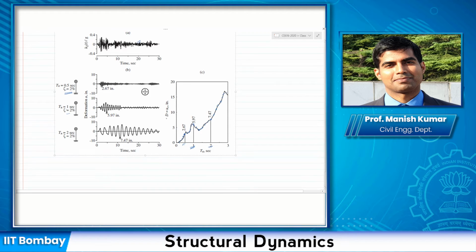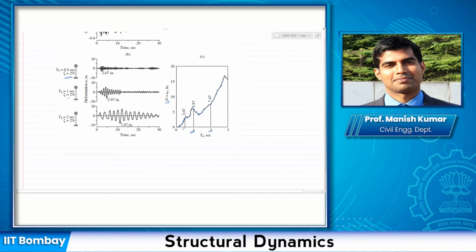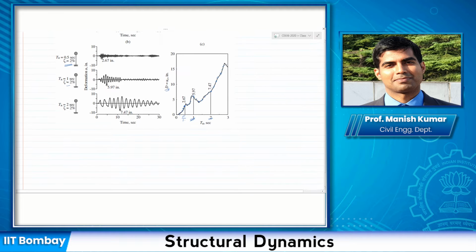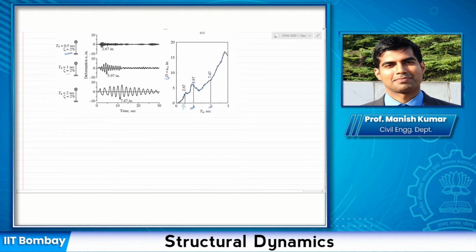Here I have drawn it for displacement, but I can also do it for acceleration or velocity or any other response quantity. A response spectrum is always defined for a single degree of freedom system, because each of these points, or Tn, corresponds to a single degree of freedom system. So this is how we develop a response spectrum.